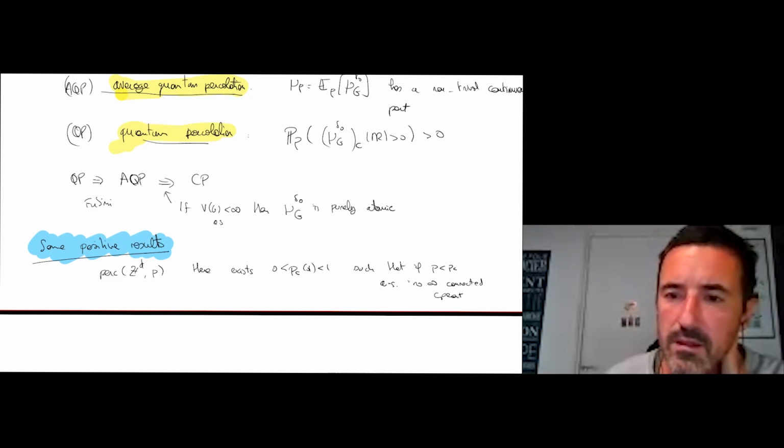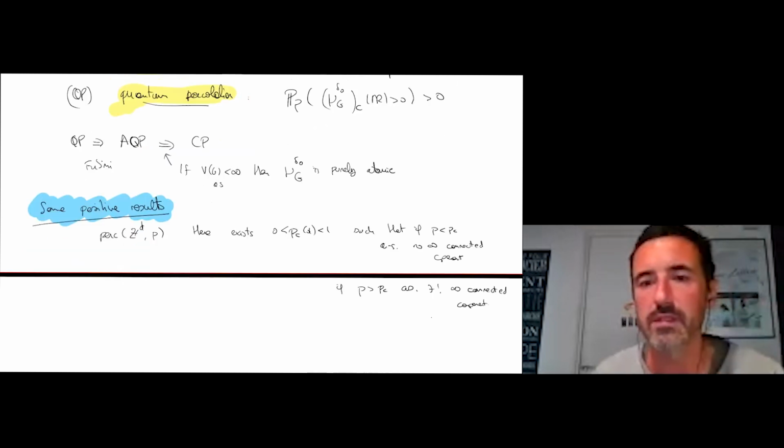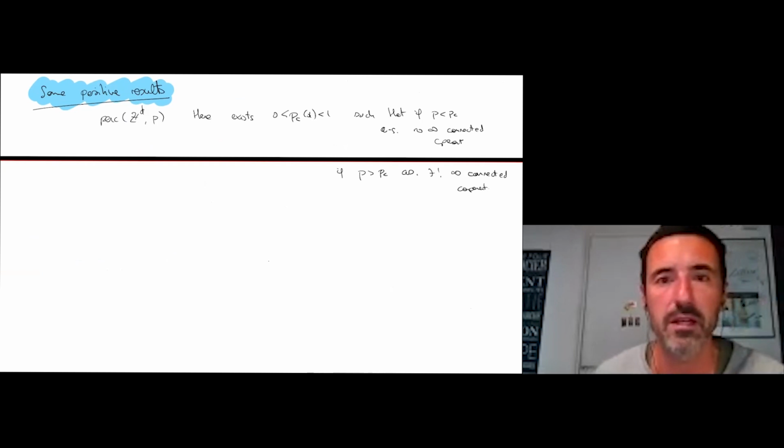And if p is larger than p_c, almost surely there exists a unique infinite connected component. Okay, so this is the most basic, fundamental theorem of classical percolation.